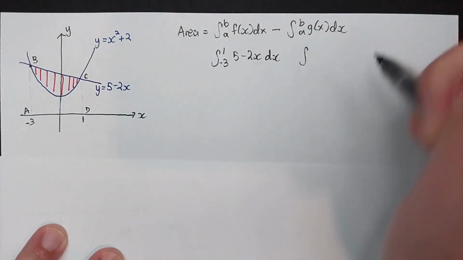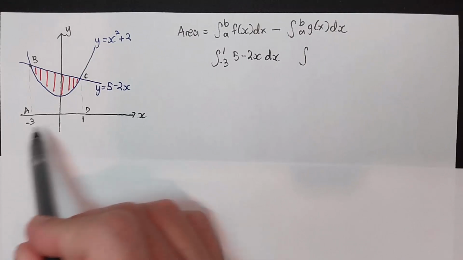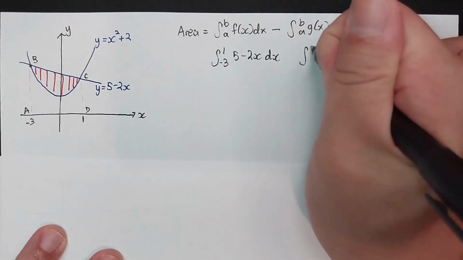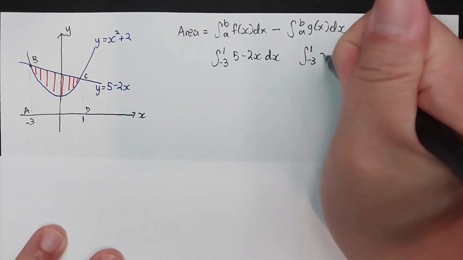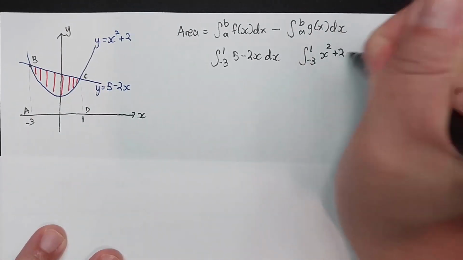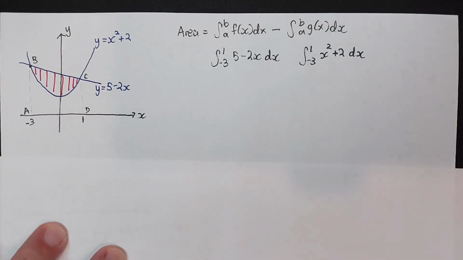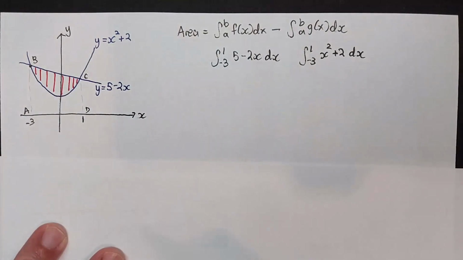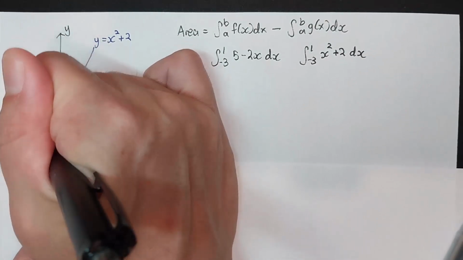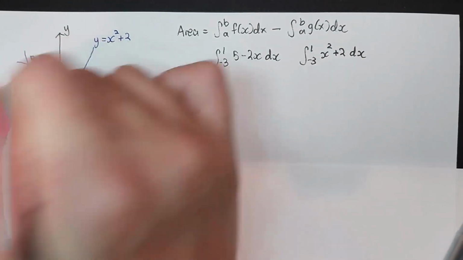When we find the definite integral bounded by the same upper and lower limits, from negative 3 to 1, for the curve y equals x squared plus 2, we will be finding the area of this region shaded in pencil.